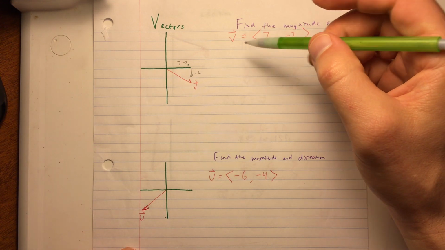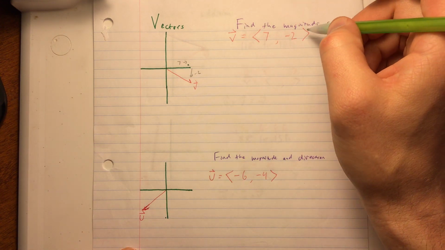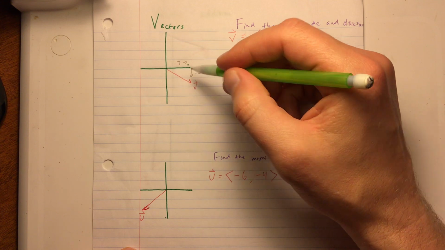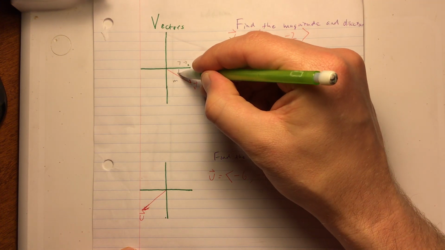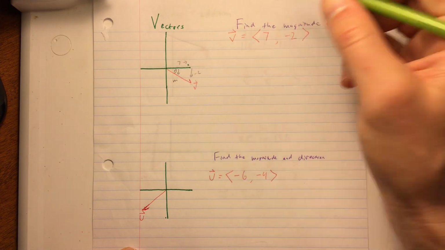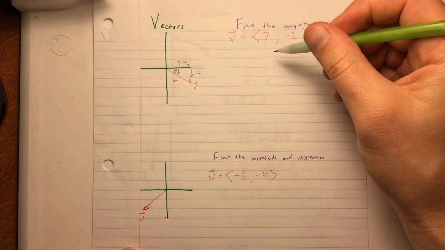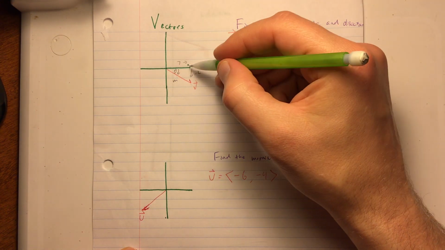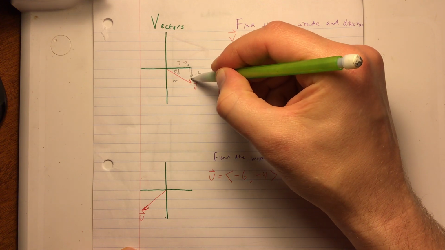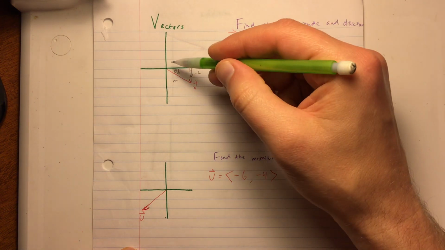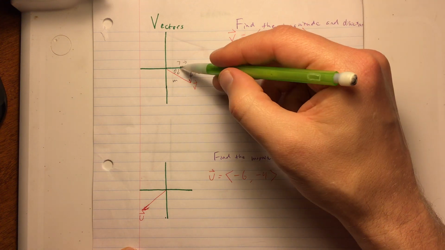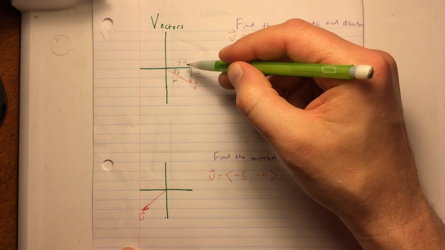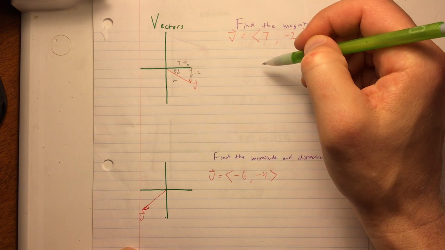All right, so to do this, we got to figure out how long this is. That's the magnitude. And the direction is which way did we go, the theta. Essentially I've got a right triangle here. 7 in the x direction, -2 in the y direction. So that's my opposite, that's the adjacent.